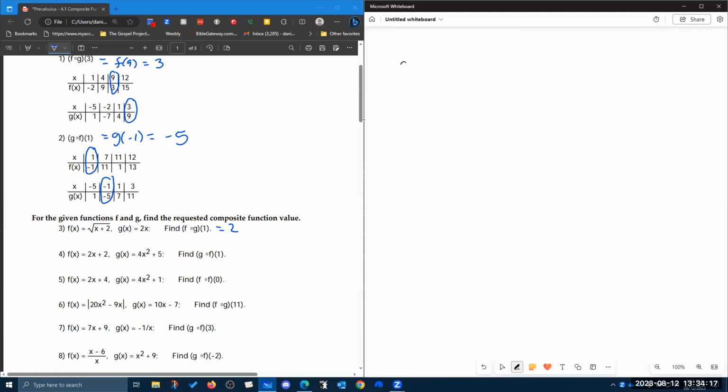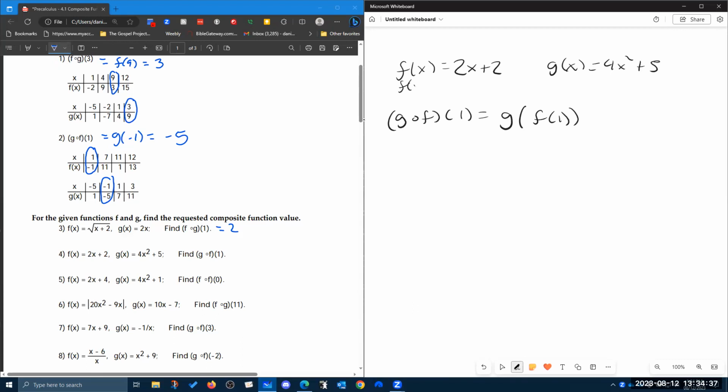Now for number 4, f of x is equal to 2x plus 2. g of x is equal to 4x squared plus 5. And we want to find g of f of 1, like so. f of 1 is 2 times 1 plus 2, which is 2 plus 2, which is 4.